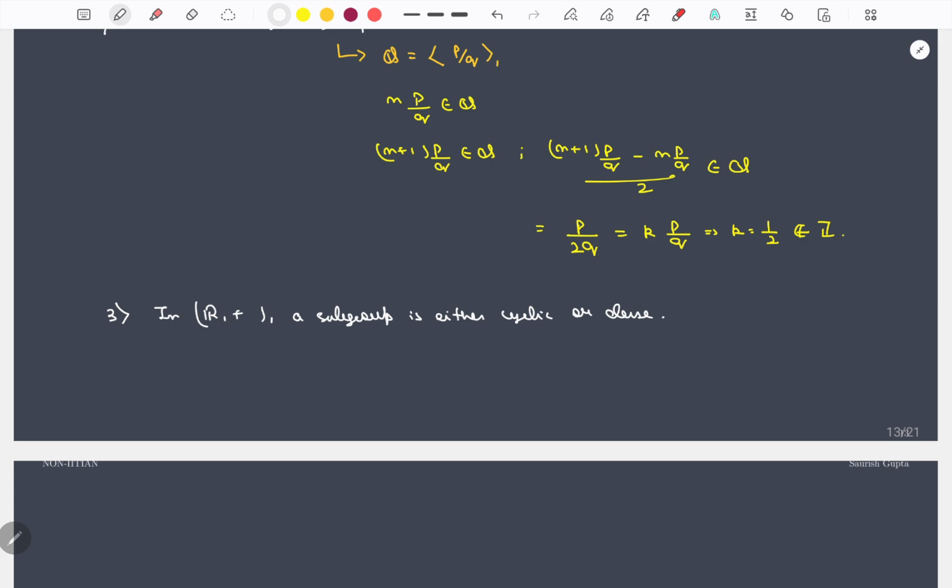So I'm assuming that we do not know topology as of now, but nevertheless, if you ever come through topology, then you should be able to understand what dense means. Okay. Yeah, fine.